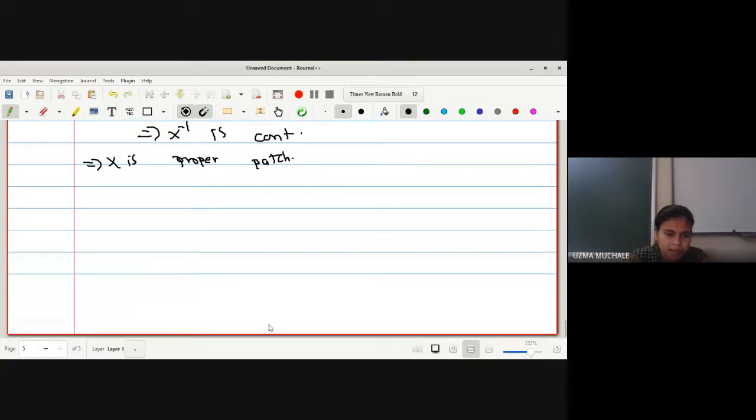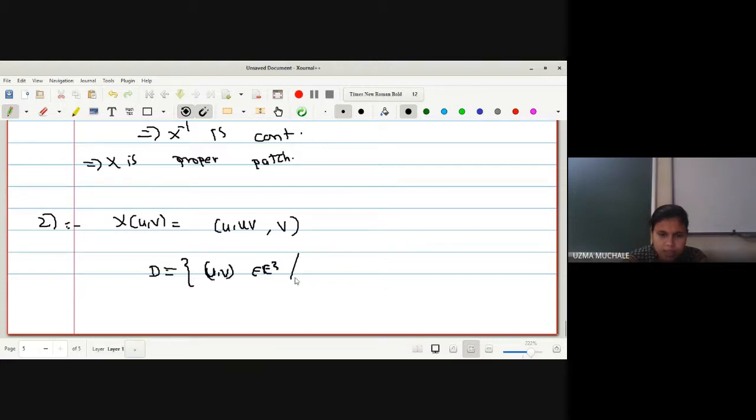Write the second example. X of uv is equal to u, second coordinate u into v, and v. The domain D is the same in both cases: uv from a subset of E3, with the condition that u and v are both strictly greater than 0. Then you have to show it one by one.